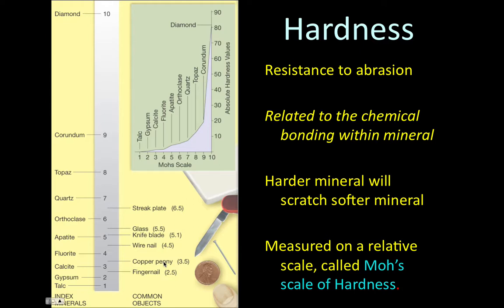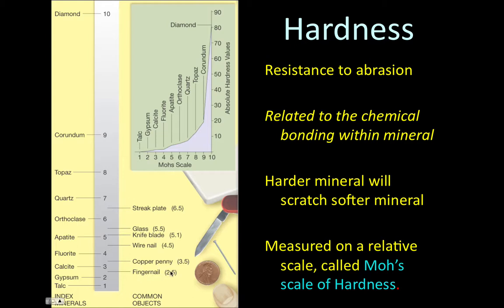It's significantly harder, but again, we just use this simple hardness scale. And so with the hardness scale, we use these common objects to measure a mineral's hardness. If you have a glass plate and you could scratch the glass with the mineral, it means that the mineral is harder than the glass. And so if the glass is 5.5, then the mineral has a hardness of 5.5 or more.